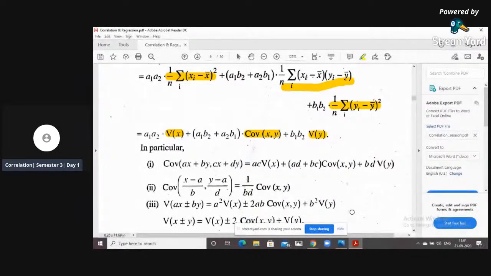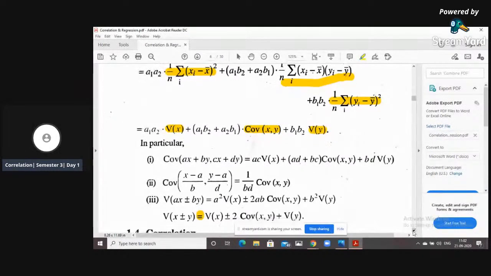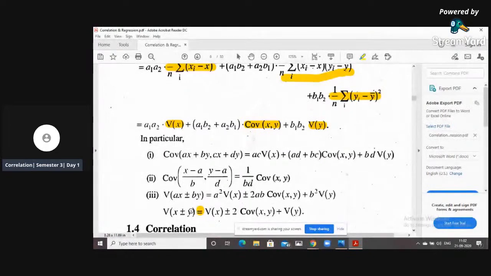And finally, if you have variance of ax plus minus by, you will get something like a square variance x plus b square variance of y, with plus minus 2ab covariance xy in between. So if you have plus, this becomes plus; if you have minus, this becomes minus. And finally, variance of x plus minus y equals variance of x plus minus 2 covariance xy plus variance of y.